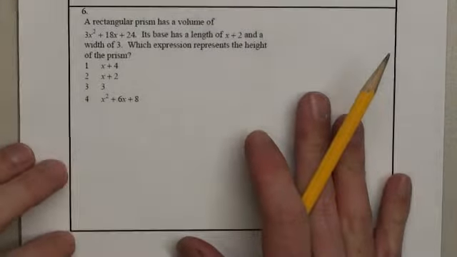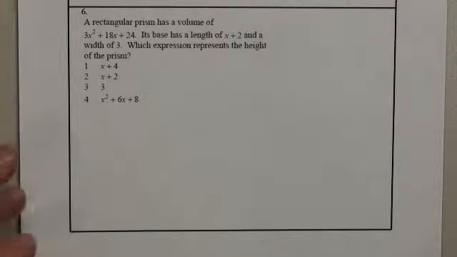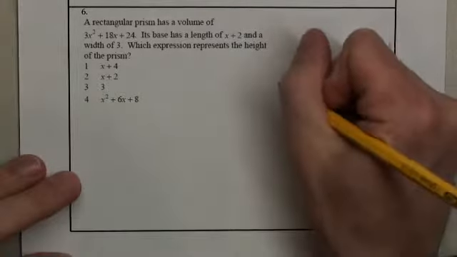Let's look at number 6. A rectangular prism has a volume of 3x squared plus 18x plus 24. Its base has a length of x plus 2 and a width of 3. Which expression represents the height of the prism? So let's just draw a picture.